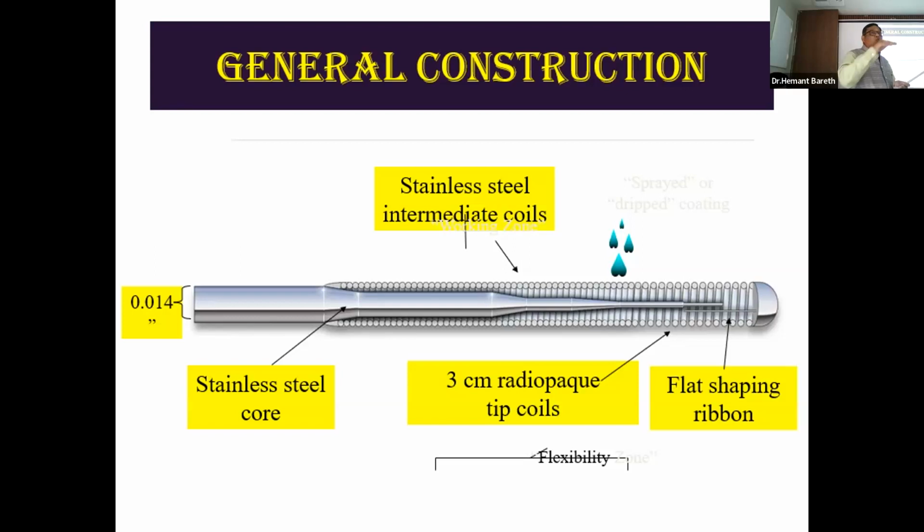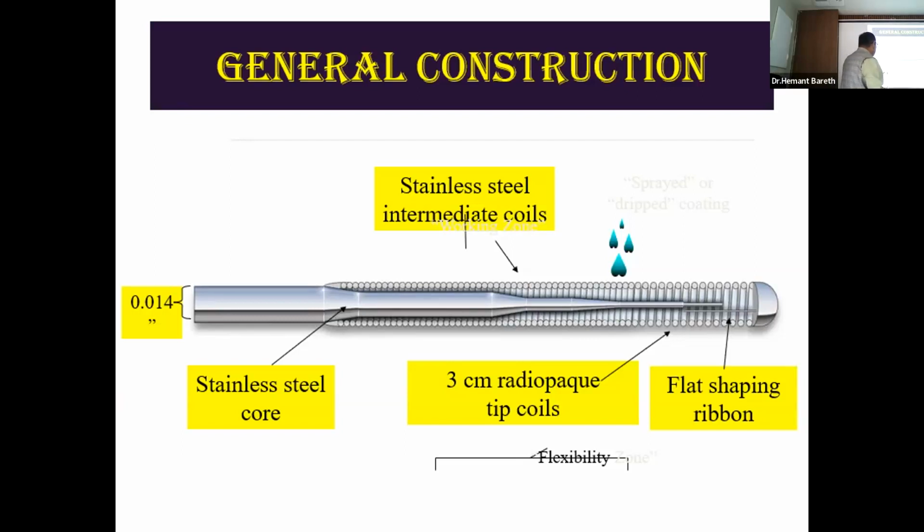You might even go through a calcific lesion if 0.014 becomes 0.010 or 0.009. Therefore, for CTO lesions, this property may be used, the only condition being that the CTO should not be a tortuous CTO. Because if it is a tortuous CTO, then you can easily perforate through this wire. So if it is a straight CTO, you could use a penetrating wire.